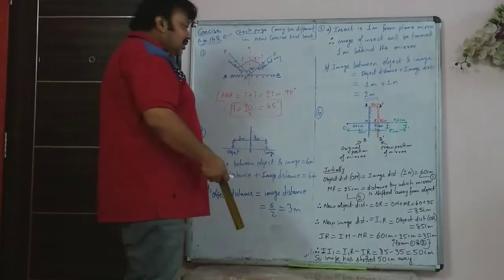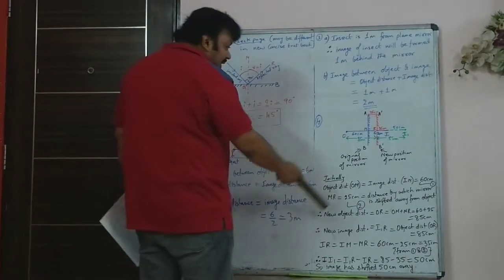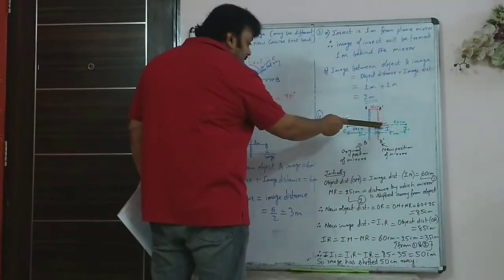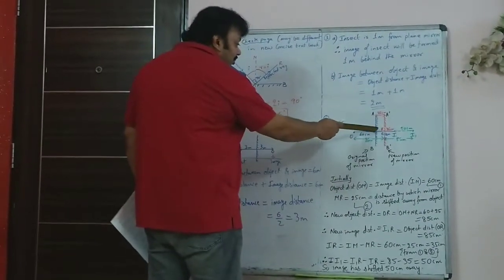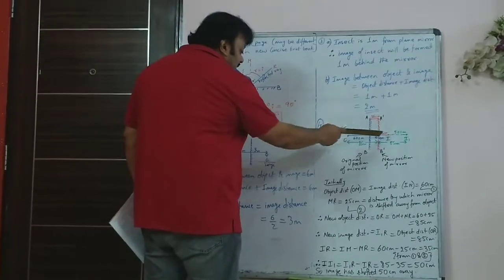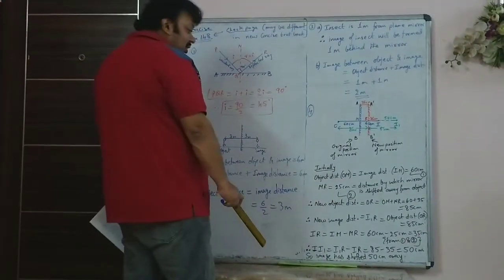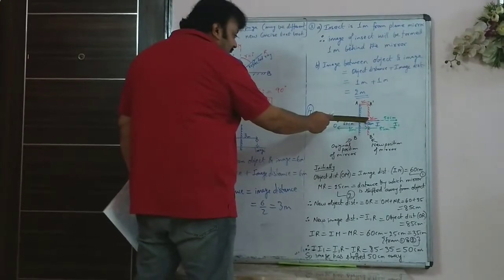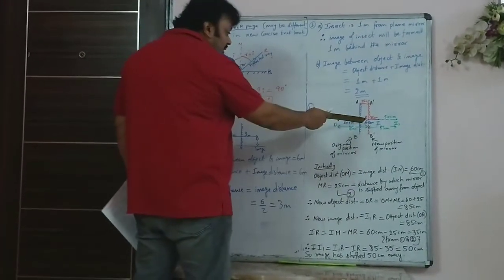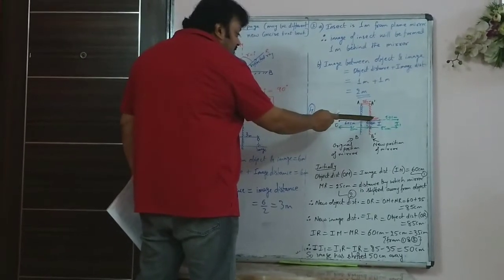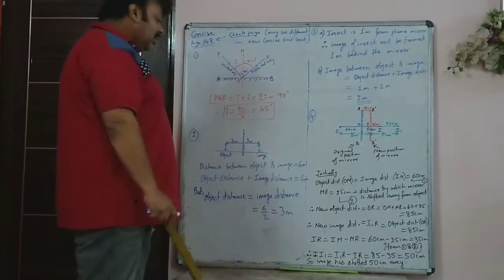Now, if you are finding IR, IR is equal to IM, which was 60 centimeter, from equation 1, minus MR, how much the mirror has moved, that is 25 centimeter. So 60 minus 25, IR is equal to 35 centimeter.